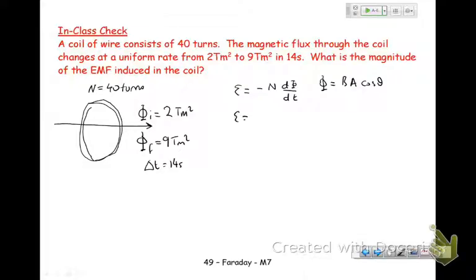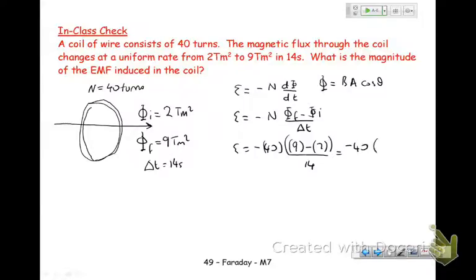So E is equal to minus N times phi final minus phi initial over delta T. E is equal to minus 40 times final, 9, minus initial, 2, over 14, which equals minus 20 volts. Same answer.